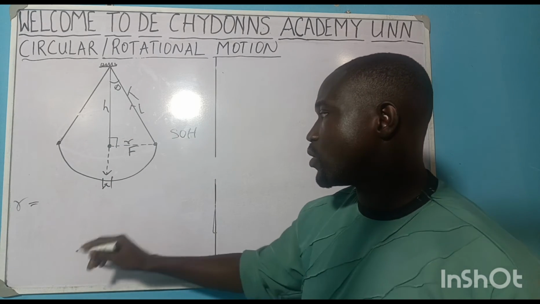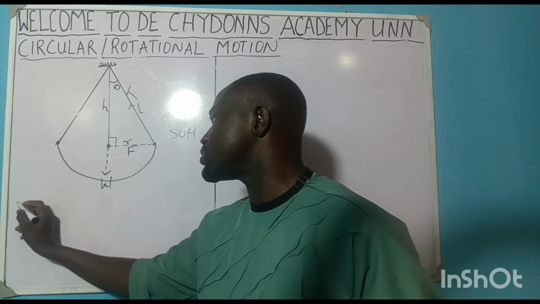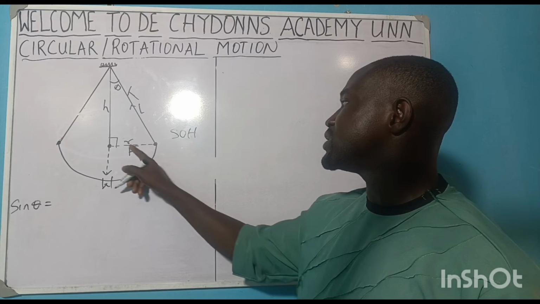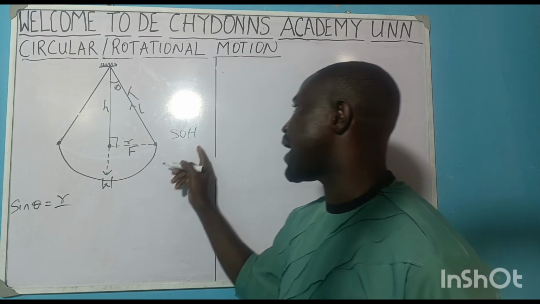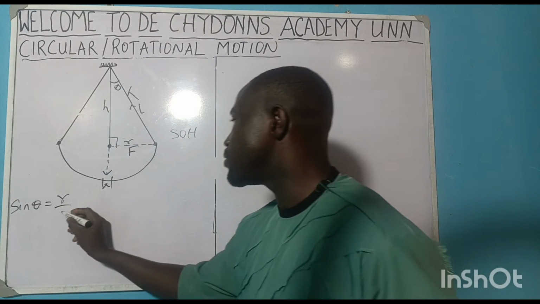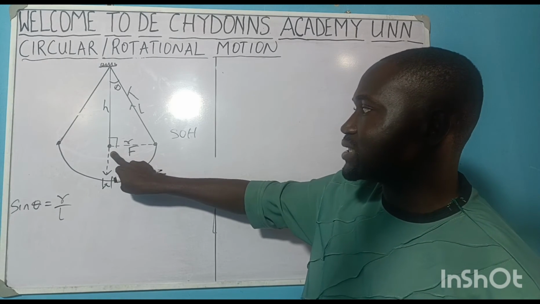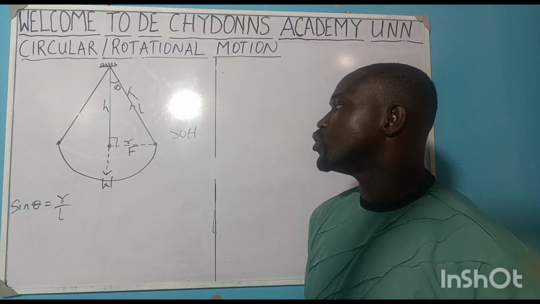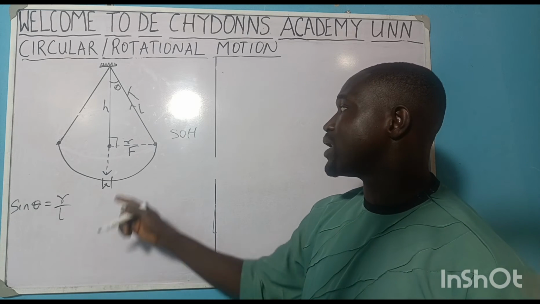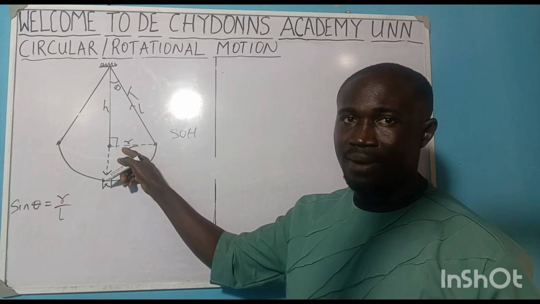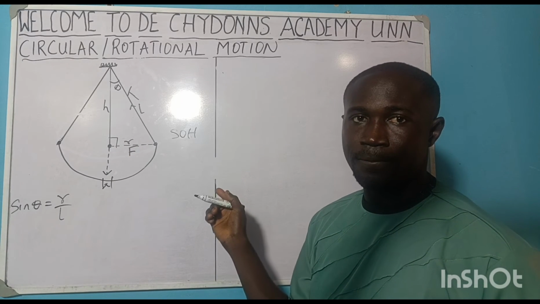My hypotenuse is L. Using my SOH, I will say sine theta is equal to my opposite R over my hypotenuse L, because that is the side facing angle 90 degrees. So you use the trig ratio that will take care of this R we are talking about, by saying SOHCAHTOA.